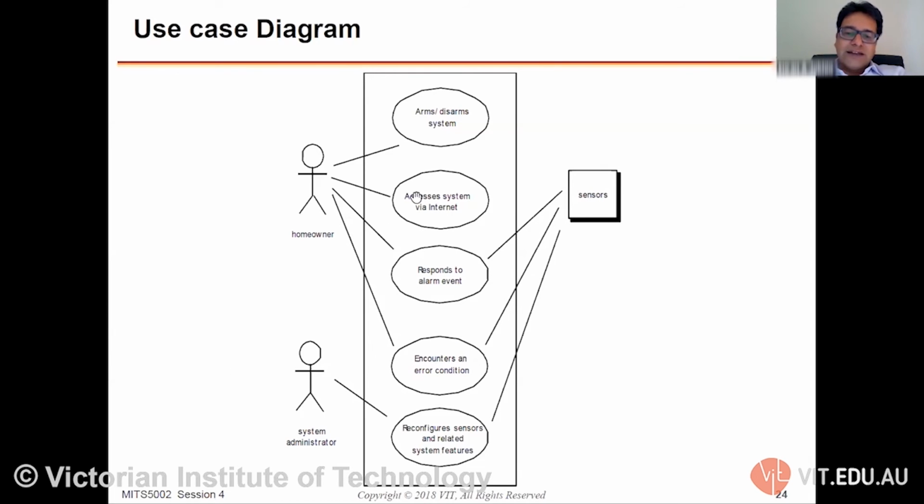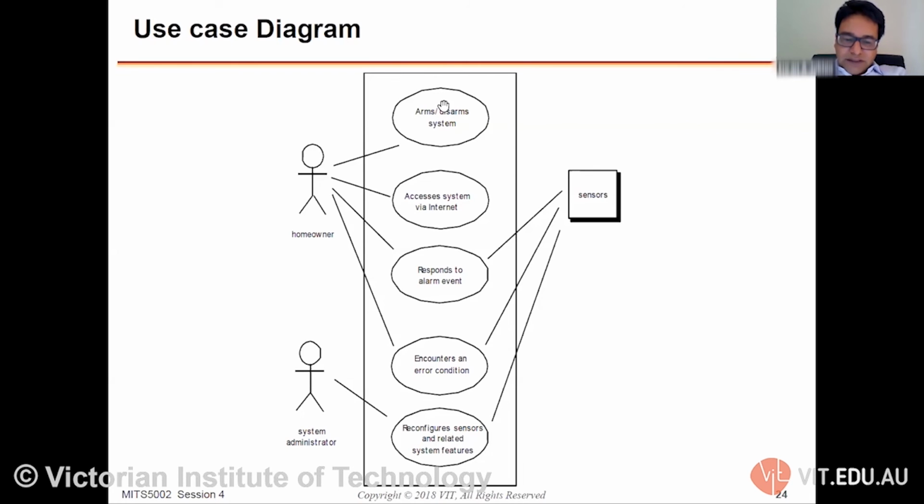We really create diagrams like this to describe our software functionality. If you are given a task to describe this system, you can imagine how much text you would need. Here, it's easier. Now, reconfigure sensors and related system features.